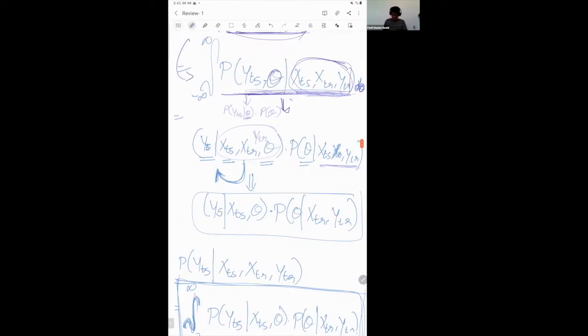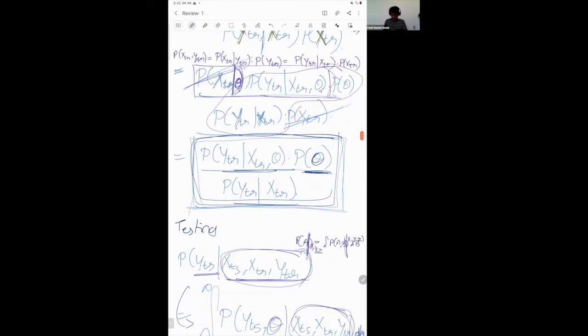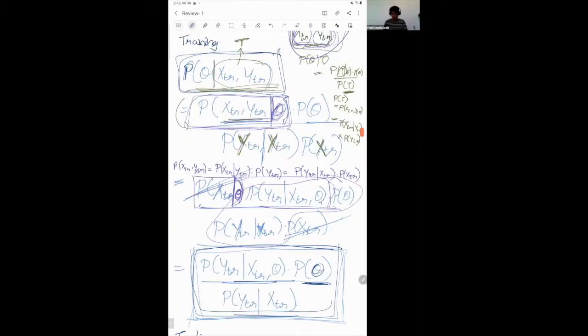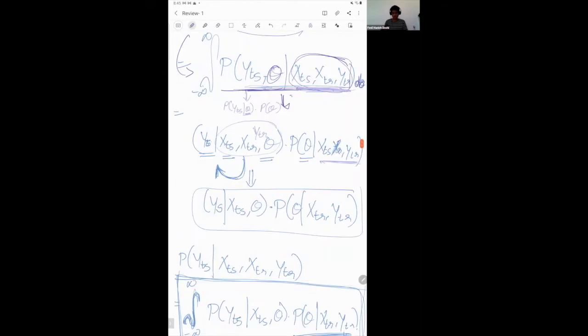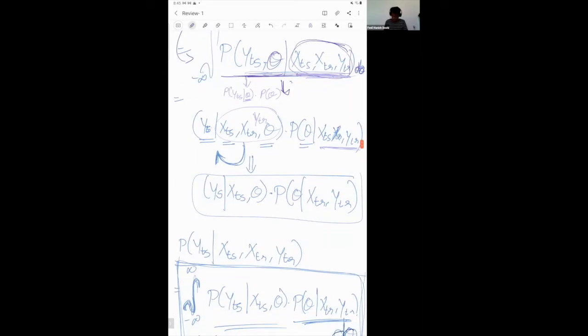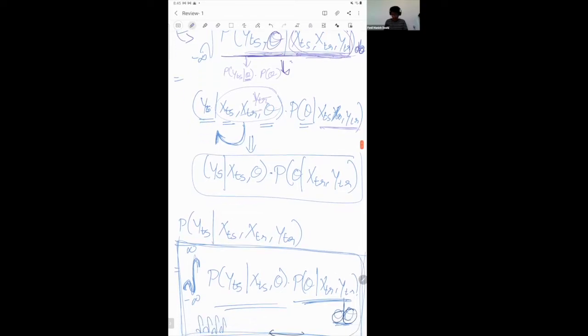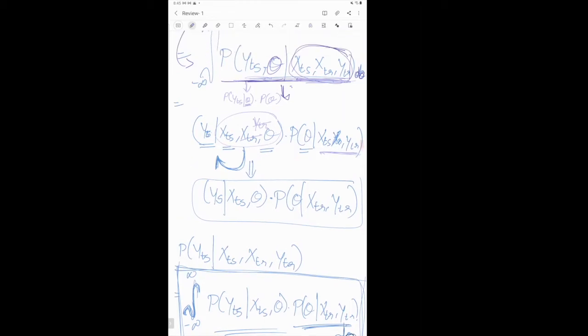But as I mentioned, y test is only dependent on theta and x test. You wouldn't want to use your training set for getting the y test. So you can remove x train and y train from this. I've got a question. Sorry, I didn't get it. From the equation of marginalization, how did you break it down to that?